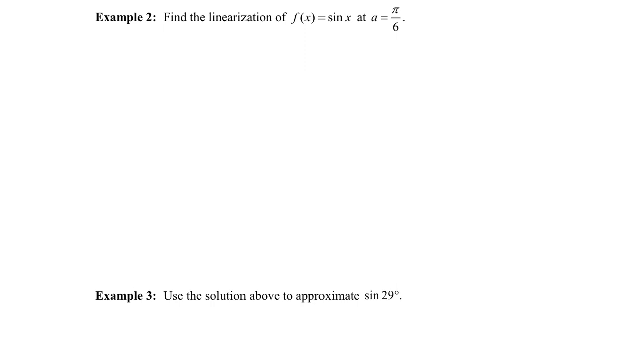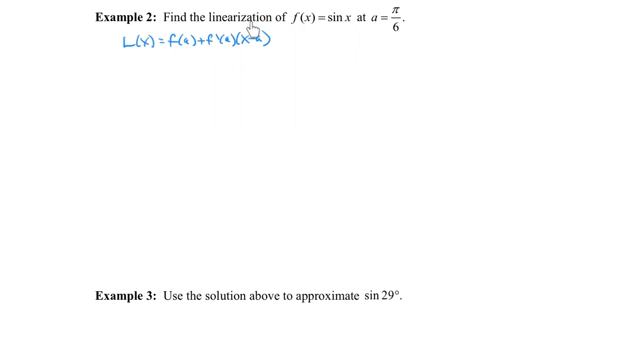Okay, so we can use our equation L of x, which is f of a plus f prime of a times x minus a. Remember, this is just saying this is a straight line that's equal to this, and this straight line will be close to this. It's very close to what we did before. We just said f of x is approximately equal to this.